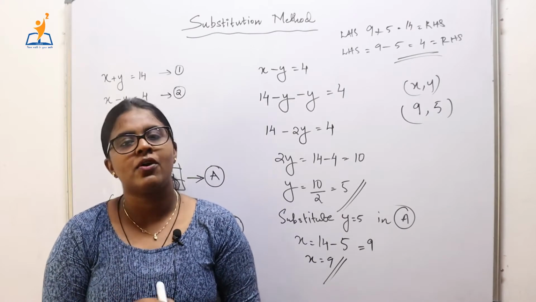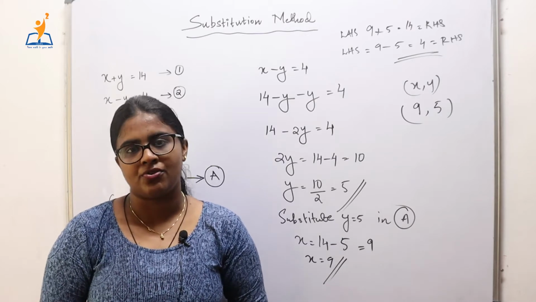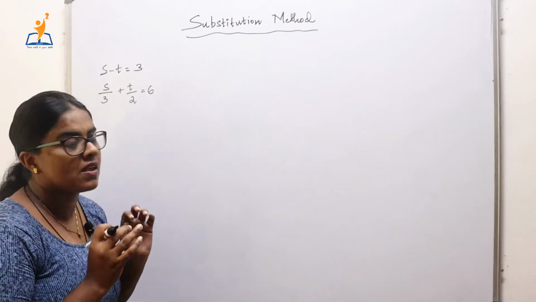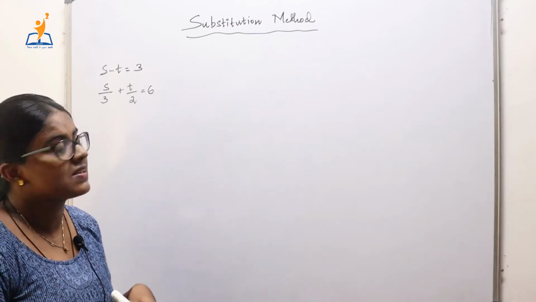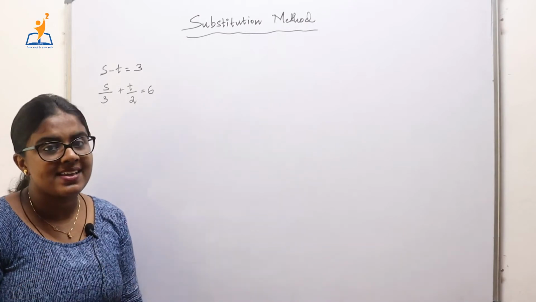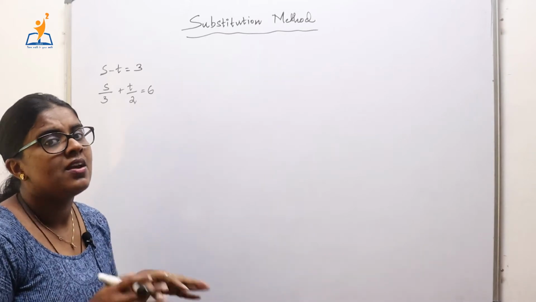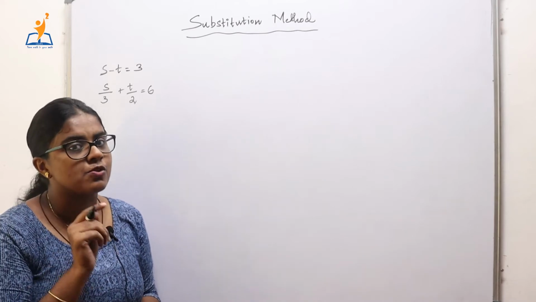Let me do one more example so that the method is clear for you. Now the next example is s minus t is equal to 3 and s by 3 plus t by 2 equals 6. Here the two variables are s and t, and here is the pair of linear equations in two variables. We are going to solve this pair of linear equations by the substitution method.